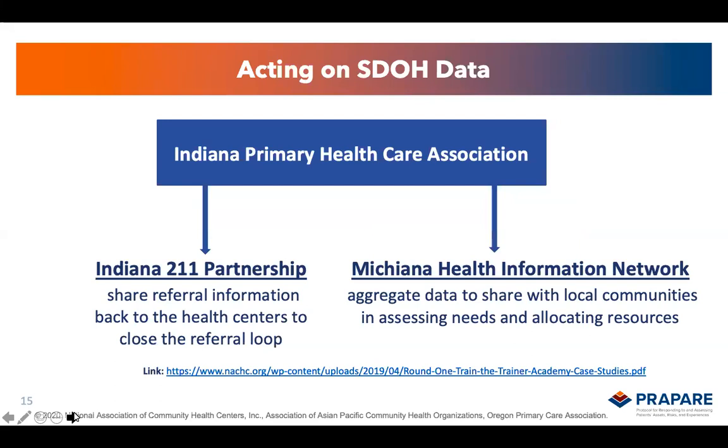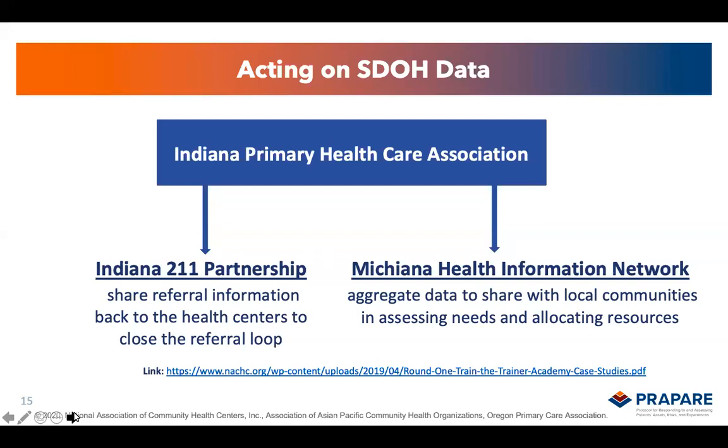So I wanted to share this example. This is from the PRAPARE Round 1 Train the Trainer Academy case studies back in, I believe, 2017 or 2018. And this is where partnership with the statewide primary care association or even a health center controlled network is really powerful for health centers, right? As a health center, you're collecting this data, but if you partner with a primary care association, this information can be leveraged in a very powerful way.